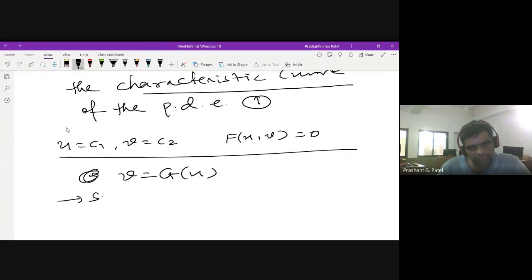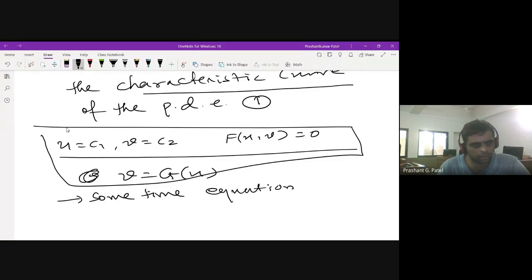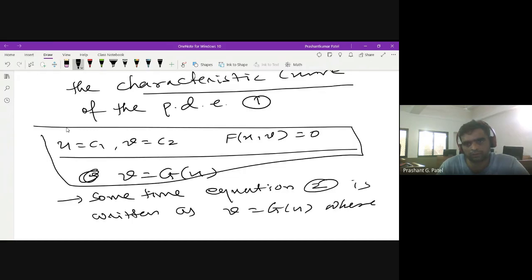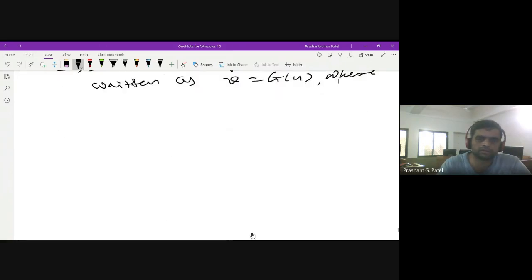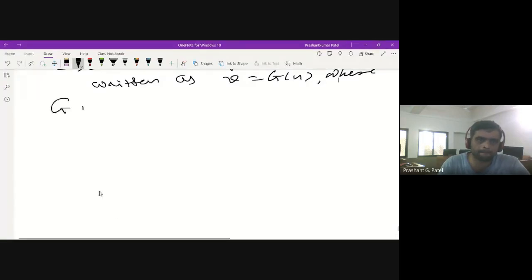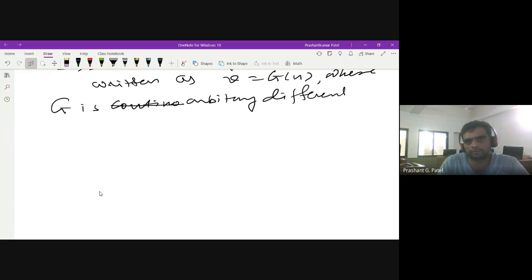So you should write that sometimes equation 2 is written as v equal to g of u, where this g is not necessarily continuous, but an arbitrary differentiable function of u.